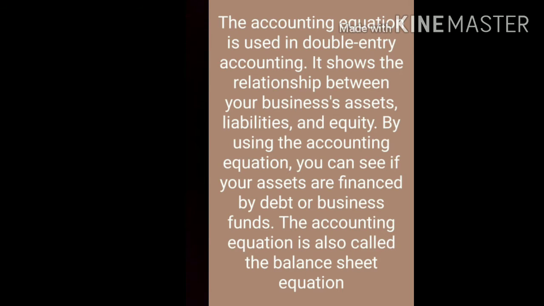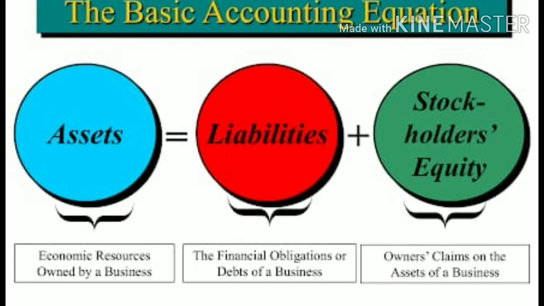The accounting equation is also called the balance sheet equation. So I can say that assets equal to liabilities plus stockholders equity. Yes, I love to repeat myself, that is assets equal to liabilities plus stockholders equity.